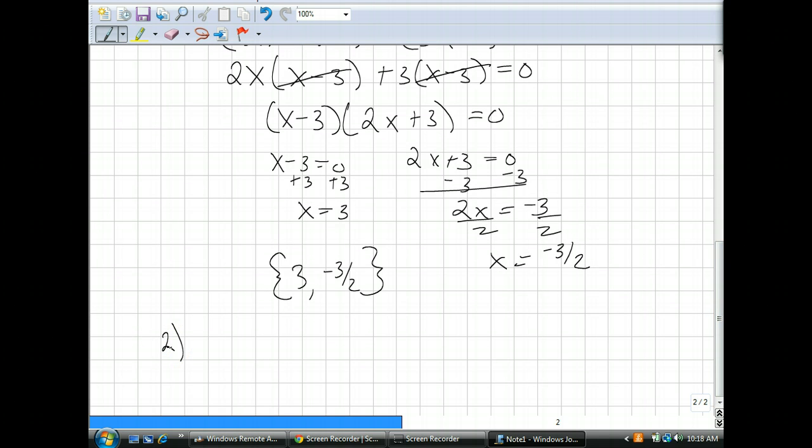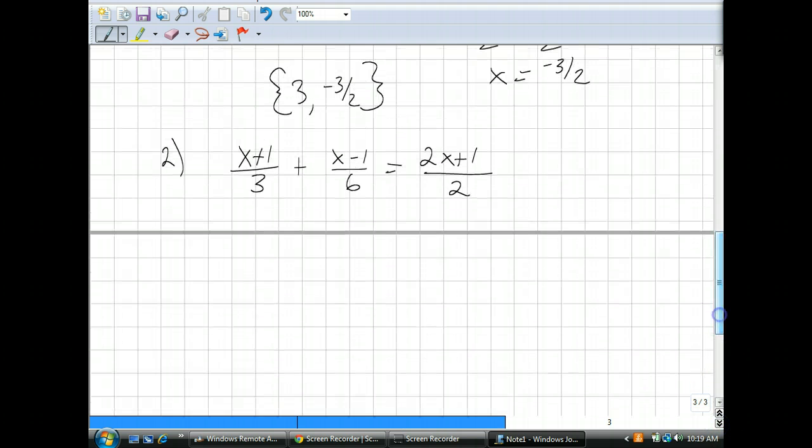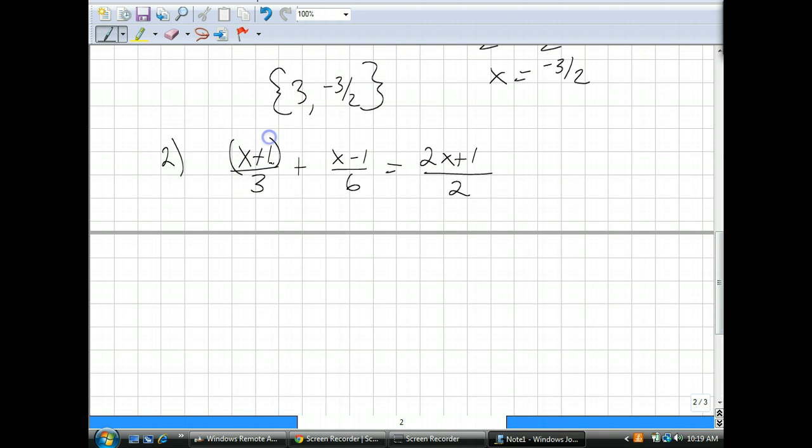Example 2. I have x plus 1 over 3 plus x minus 1 over 6 equals 2x plus 1 over 2. First thing we want to do is notice that we have binomials, so we want to put those in parentheses. The next thing we want to do is look at the denominators, and figure out what is the least common multiple of 3, 6, and 2.